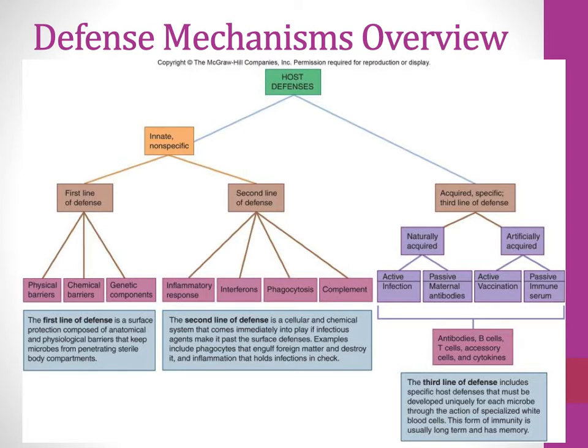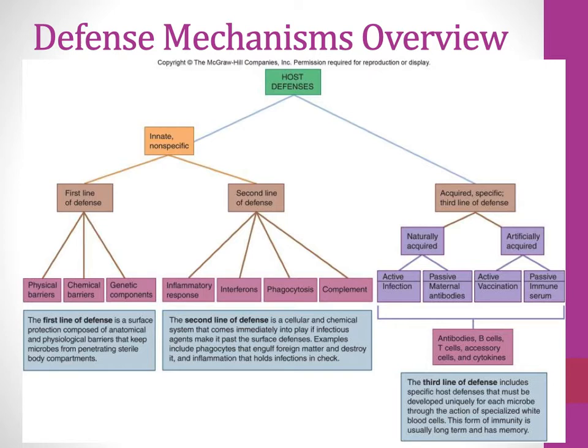With the innate, there's two lines of defense. Our first line of defense is the physical and chemical barriers, genetic components. So these are what you're born with in the anatomy of different structures. And then we have our second line of defense, which is the cellular response. So what are the cells doing? What chemicals are they producing in response to a pathogen, to damaged cells?